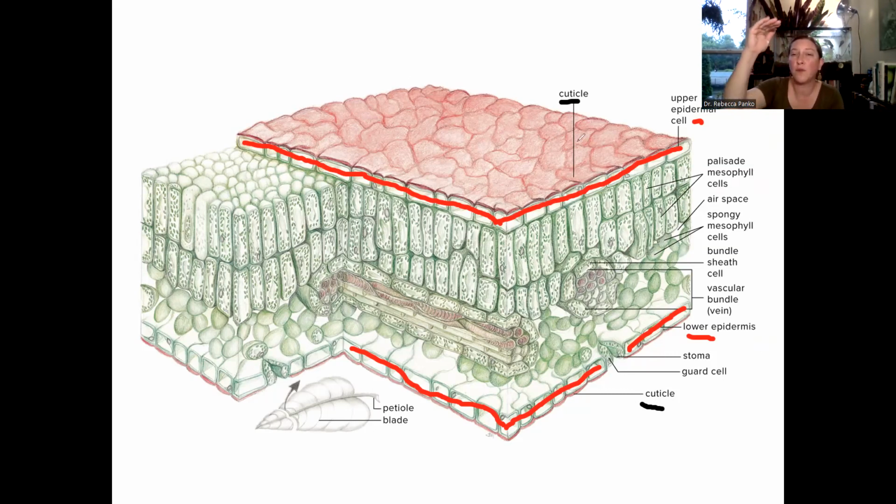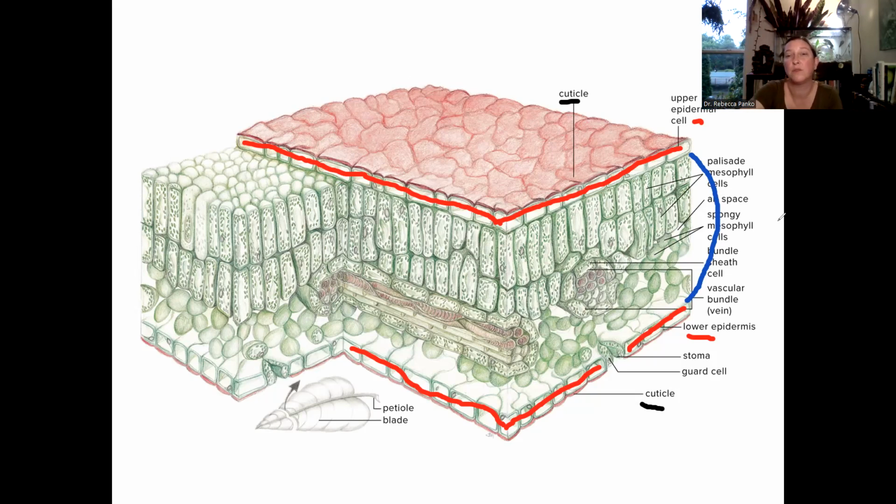Next, we'll work from the upper epidermis down for simplicity. So next you have this inner layer of the leaf between the epidermis, and I'm just going to highlight the whole thing first. And that whole area is called a mesophyll. You might remember from last time I said mesophyll means middle of leaf.